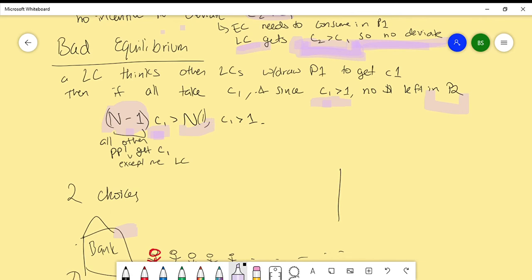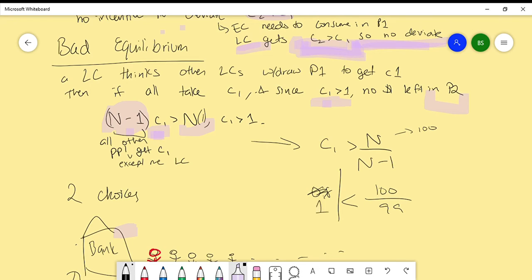I feel like this is something very basic and I'm not getting it. Hold on. In this case, we have C1 is greater than n over n minus 1, right? So let's say that n is 100, so n minus 1 is 99, so 100 over 99. 100 over 99 is obviously greater than 1, right?